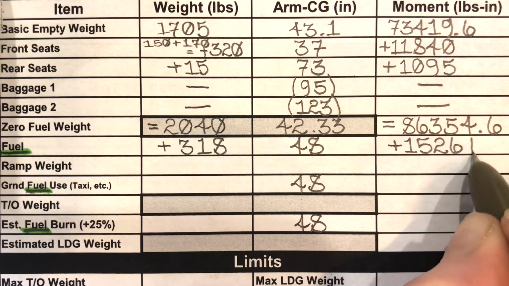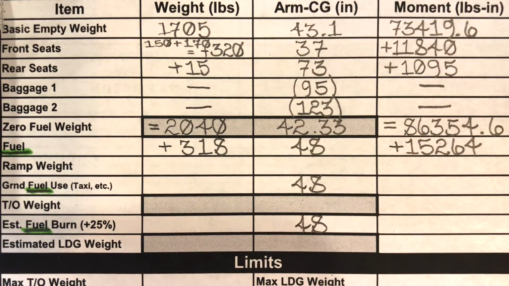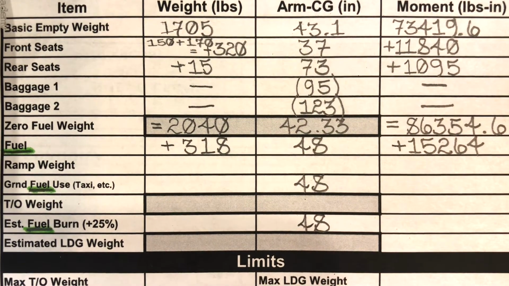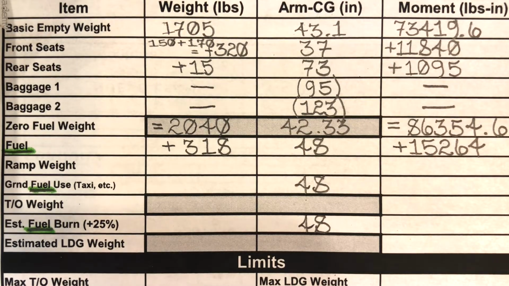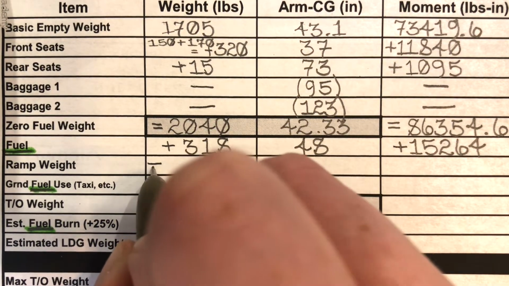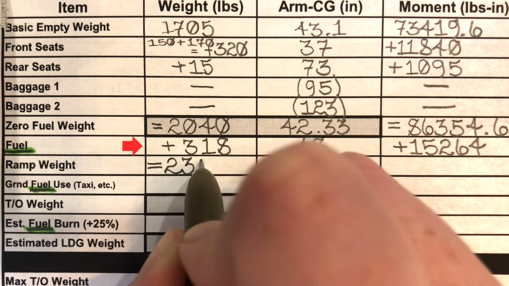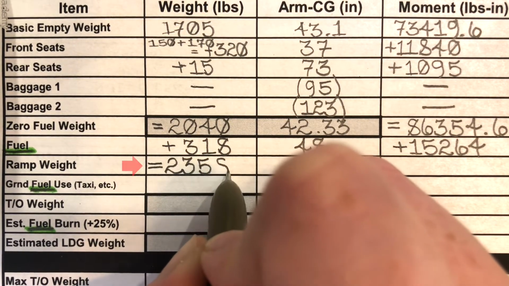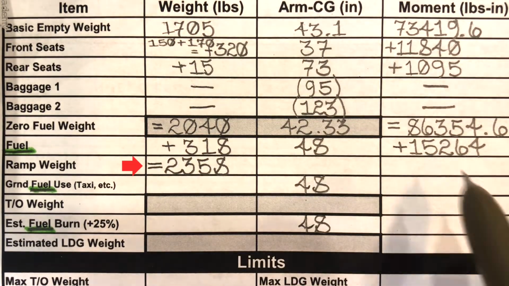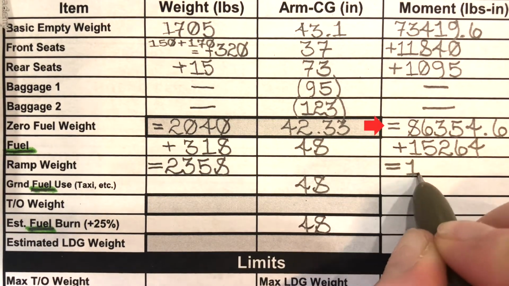And now I'm going to drop down to my ramp weight row and add this together. So my zero fuel weight plus the fuel in pounds is 2358. I jump over to the moment and do the same thing.